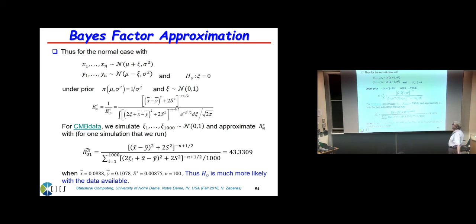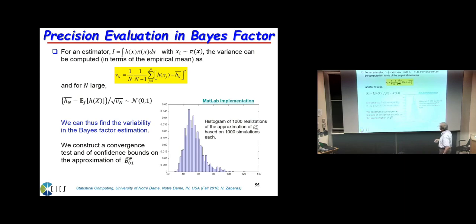But also, you know what you can do? If you take n different samples, you can compute another number. And then take n more samples, you compute another number. Then if you plot the histogram, you can get the error bars and every statistic you want on the Bayes factor itself.